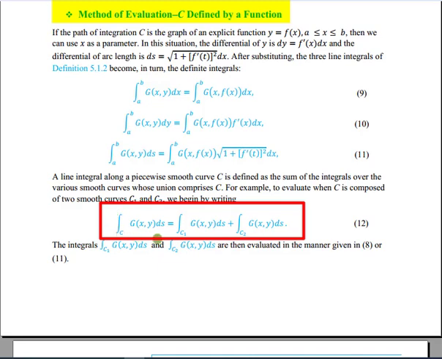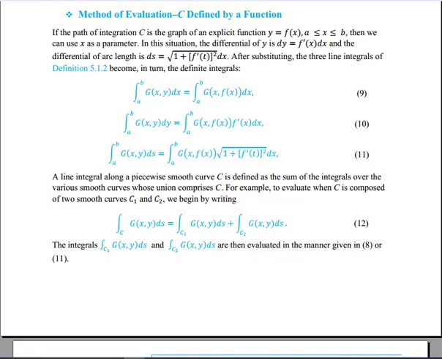That is, the integral over C is the sum of the two integrals over C1 and C2. The integrals over C1 and C2 are then evaluated in the manner given in equation 8 or 11.